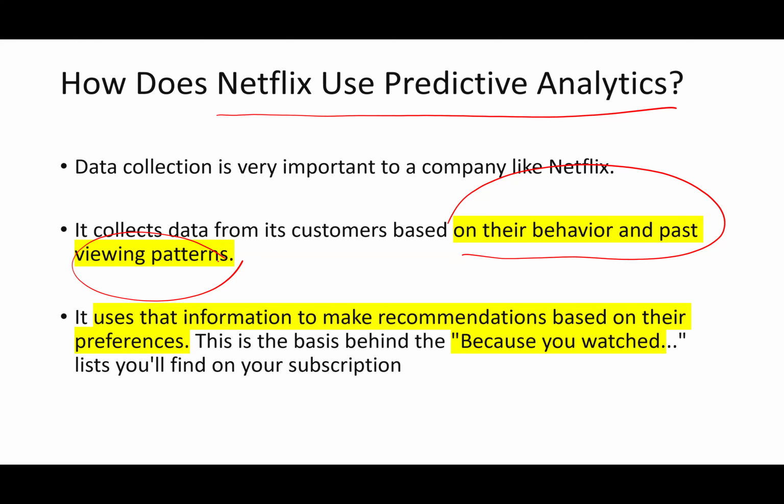How does it come to know that you are seeing horror movies? Because there is a machine learning algorithm, a predictive model, running behind these apps, learning your behavior and past viewing patterns. Based on these past viewing patterns, it will start giving recommendations.